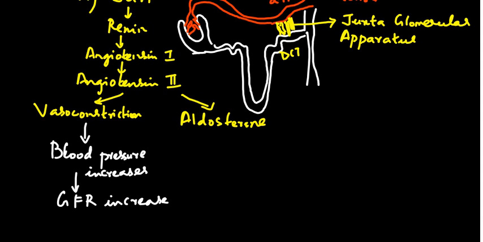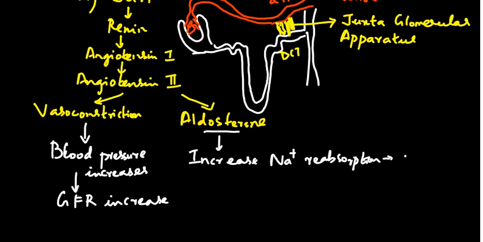Now about the aldosterone. Aldosterone will also increase the blood pressure by increasing the reabsorption of sodium, Na+, in the distal convoluted tubule.